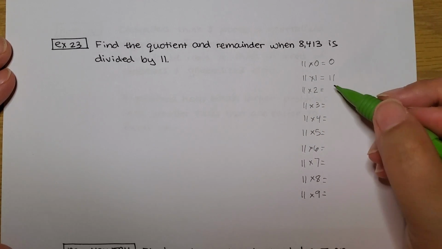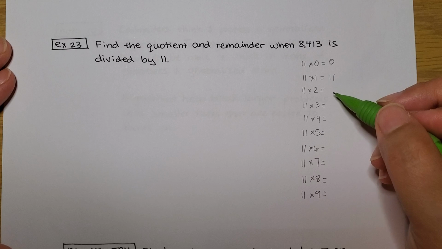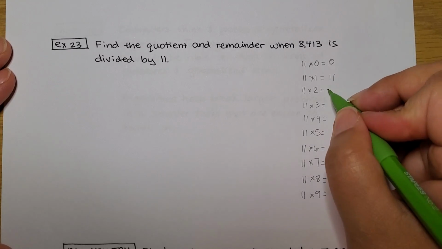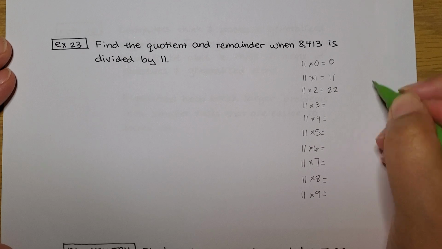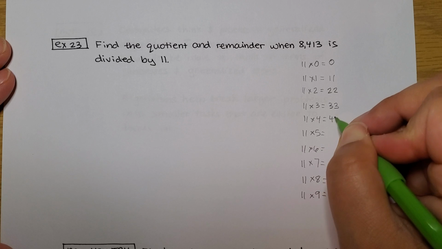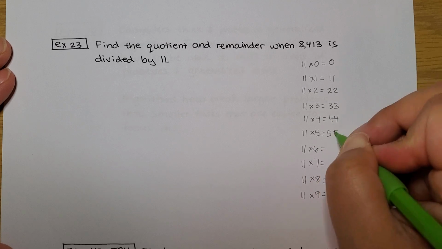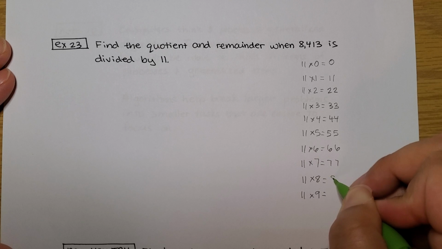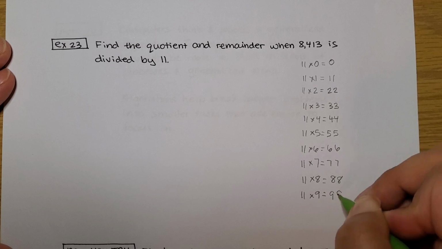And then remember, we can get the next product by adding 11. So 11 plus 11 is 22. If I add 11 again, I get 33, 44, 55, 66, 77, 88, and 99.